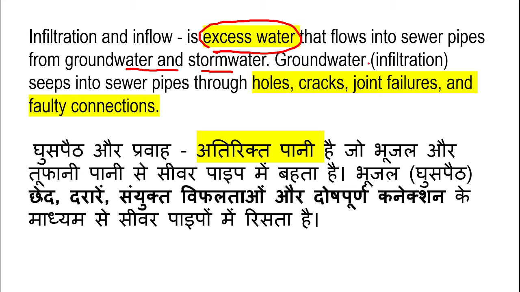So groundwater infiltration happens through the pipes, through holes, cracks, joint failures and faulty connections. You can see the holes like that, and also the cracks and the joint failures and the faulty connections.